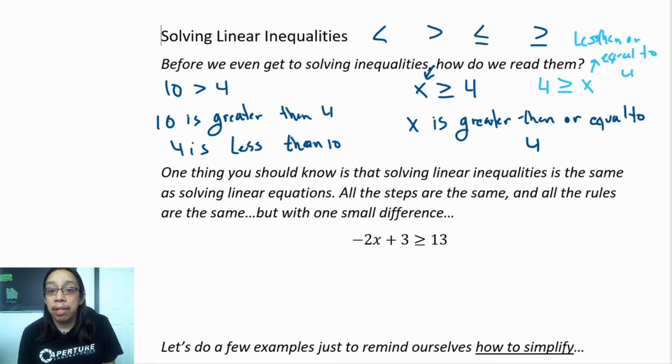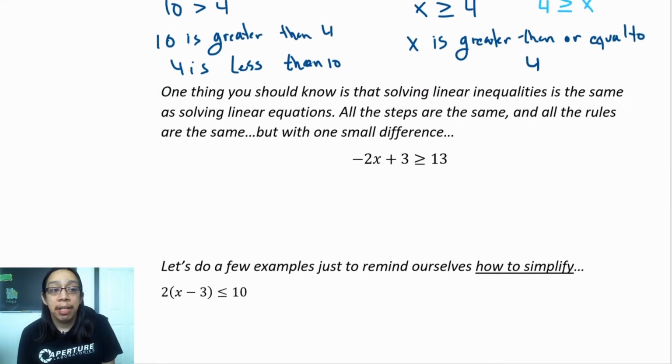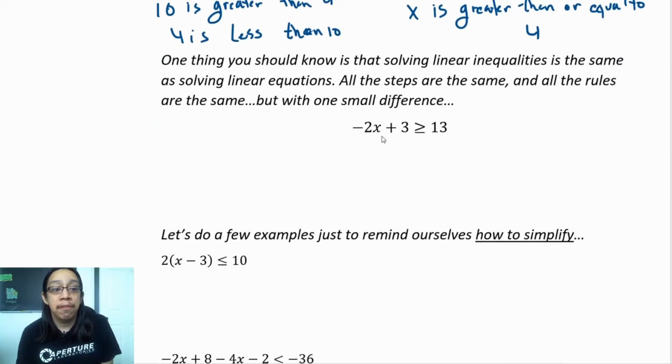Let's say that you're working with an example like this one, where you have negative 2x plus 3 is greater than or equal to 13. Again, this is greater than or equal to because the x is located on the left side. So how do we solve this problem? We would solve it like we normally would. We would subtract 3 on both sides.